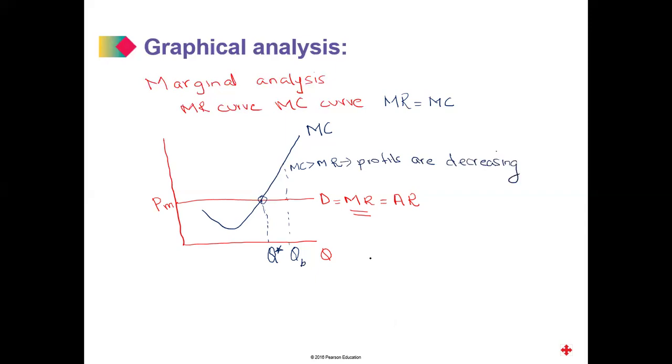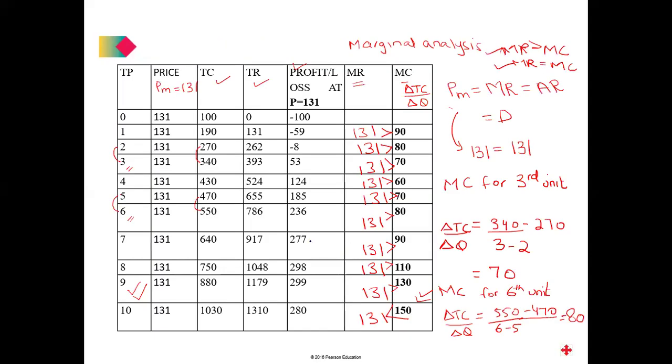And you can also see it in the previous table that when marginal revenue becomes less than marginal cost, the profit has started to decrease. Before it was 299 and then it became 280.